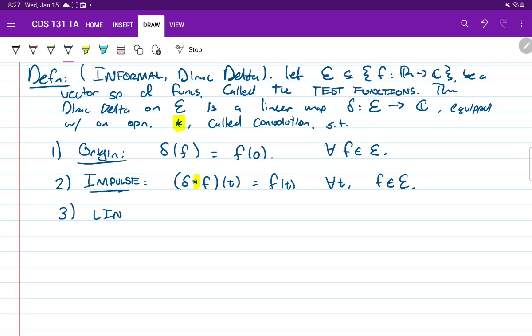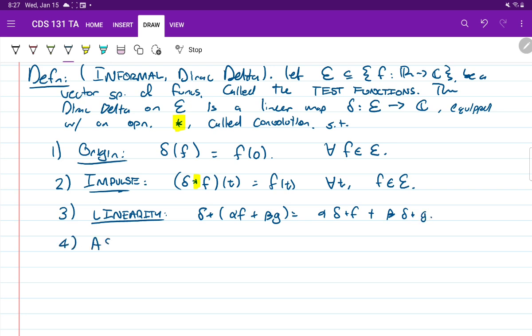Third, we have linearity, which states that delta and its operation convolution should be linear, okay? So delta convolved with alpha f plus beta g equals alpha delta convolved with f plus beta delta convolved with g.